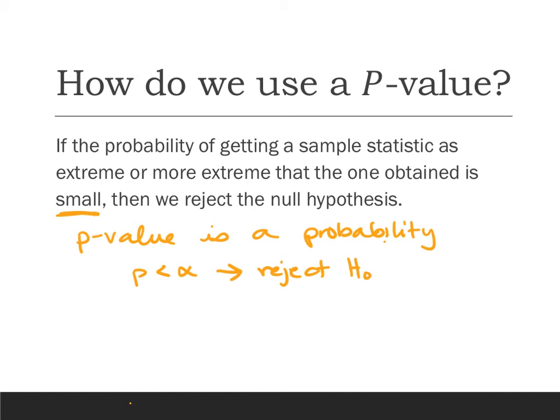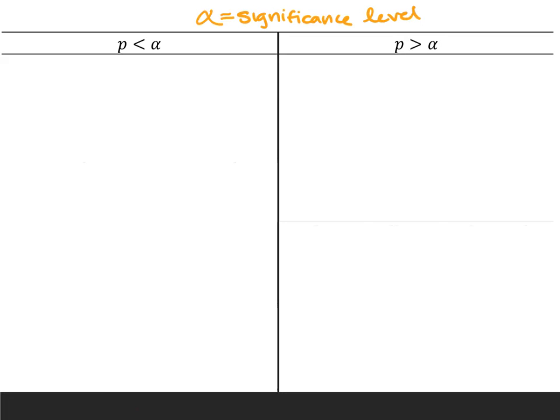We have the evidence that we need. And so I like to go through a whole list of ideas that all connect to what happens if the p-value is less than our significance level. So I want to write those out for you and kind of make a chart with what happens when the p-value is less than alpha versus when our p-value is greater than alpha.